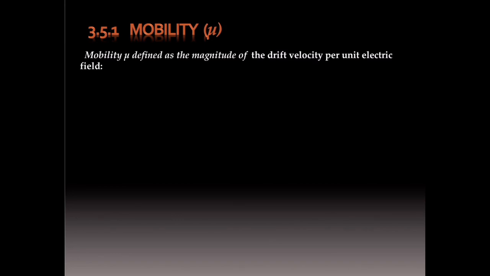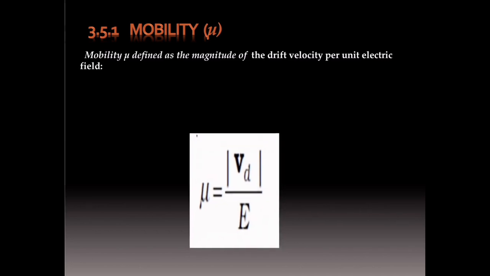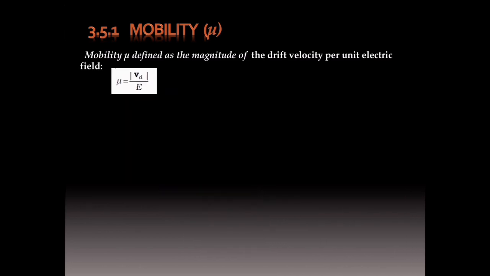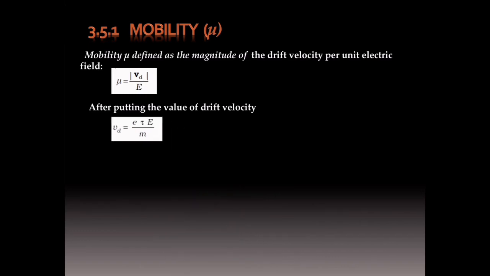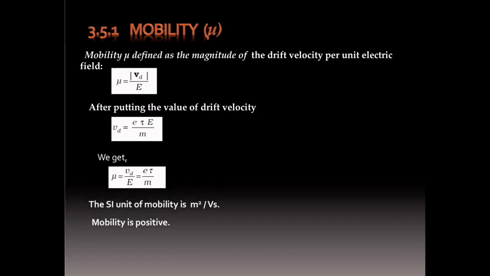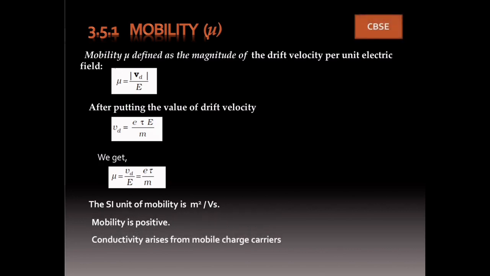We define mobility as drift velocity per unit electric field, so mu is equal to v_d by E. If we put in the formula of v_d, we get mu is equal to e tau by m. The SI unit of mobility is meter square per volt second, and mobility is positive. It is important for CBSE.